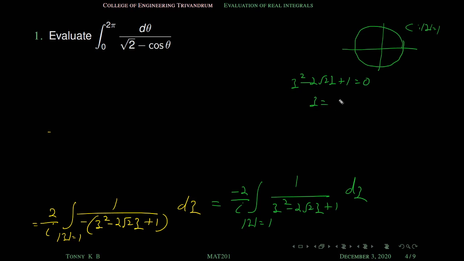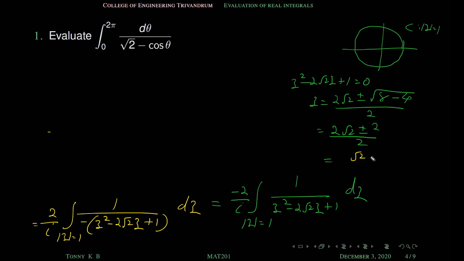Then what are the roots? z is equal to minus b plus or minus square root of b square minus 4ac, divided by 2a. Here b square is the square of 2 root 2, that is 8, and 4ac is 4, and a is 1, so 2a is 2. So this is 2 root 2 plus or minus square root of 4, that is 2, divided by 2. 2 is common, you can take it outside and cancel.